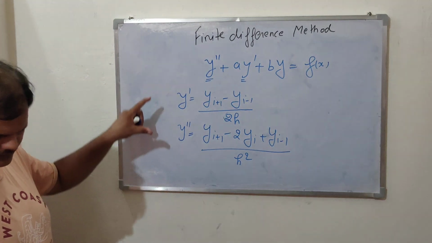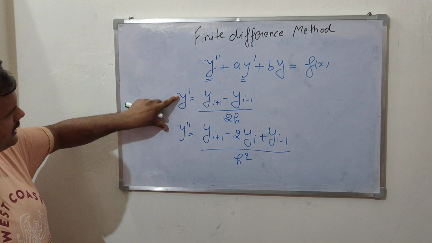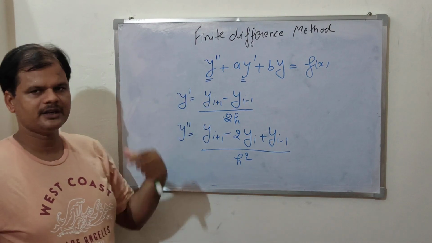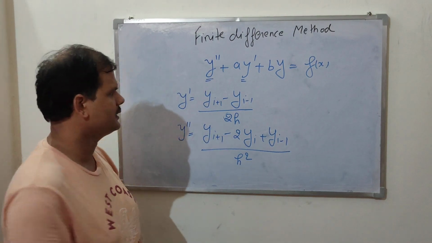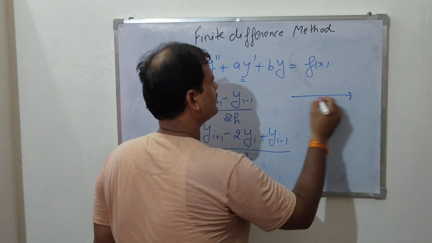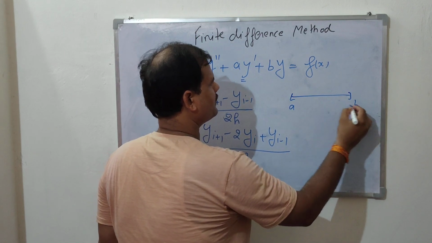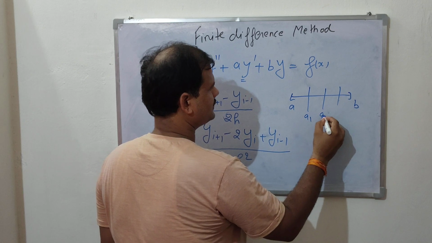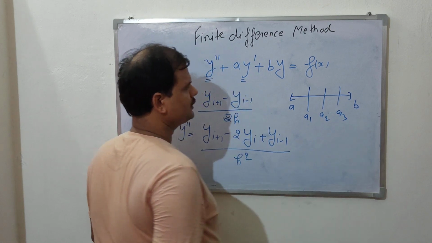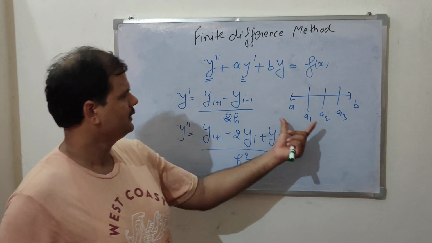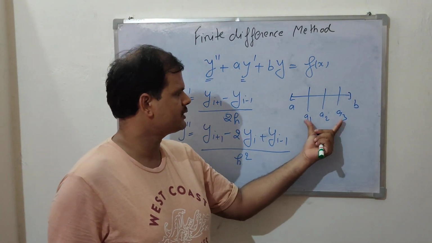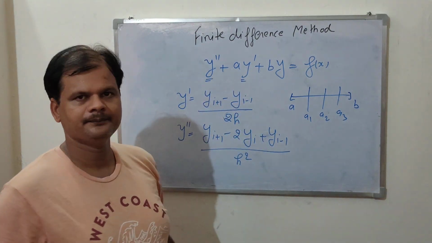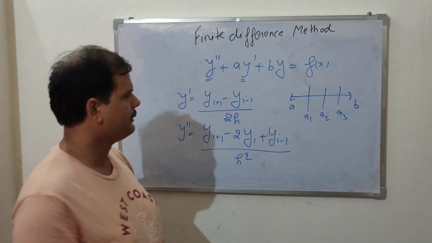So we substitute this y double dash in the main equation, and this converts it into the difference equation. Suppose this is the interval, and using h we have the nodes a1, a2, a3. We write the difference equation on these three nodes, because the outer nodes will have the boundary condition. So this will solve the boundary value problem.